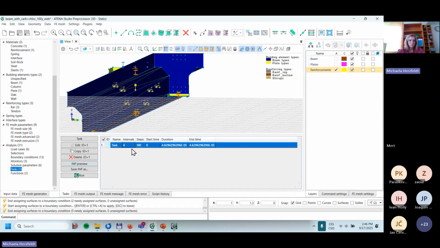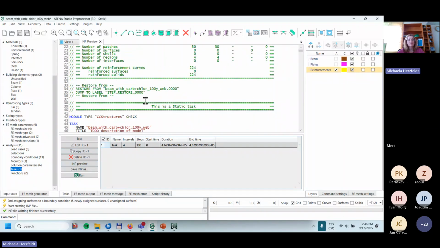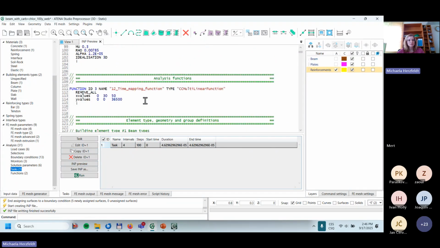Okay, so one thing that you can do from time to time, if you are working more with ATENA and you are aware of the INP file, is check it, and you can also check some parameters, like whether the functions are written correctly as they should be.